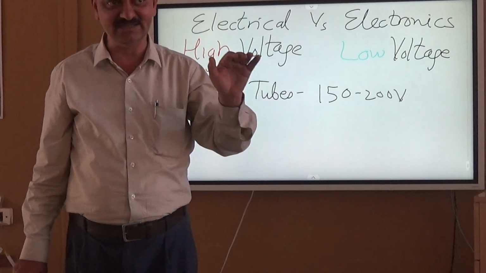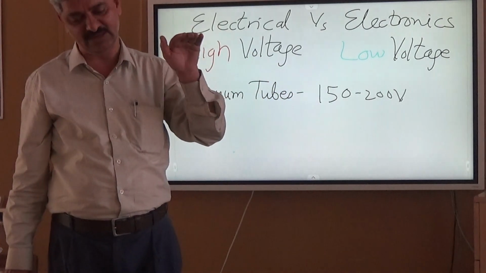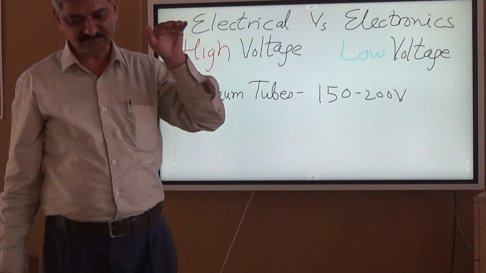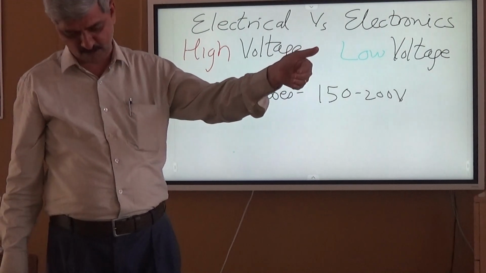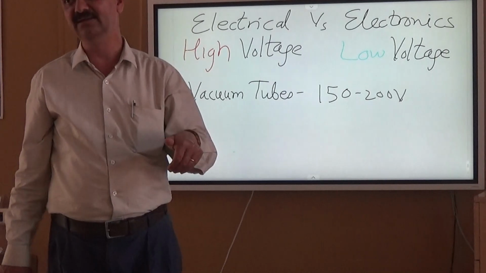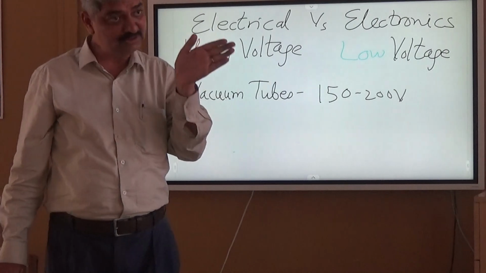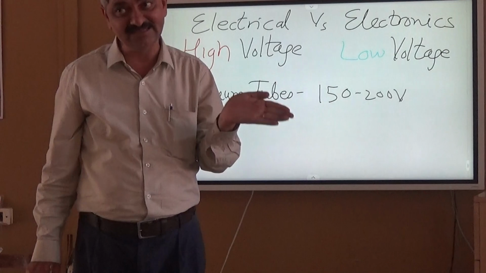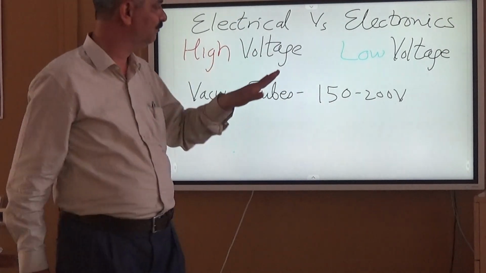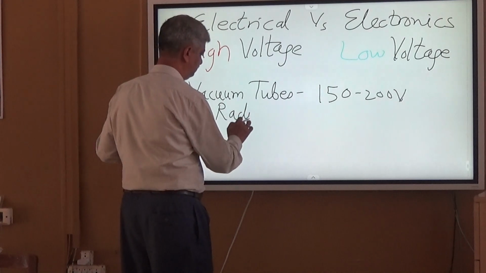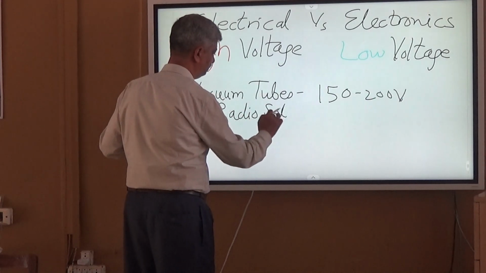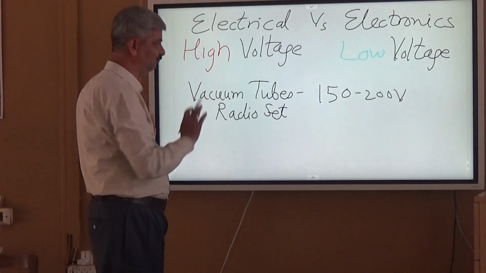Even though transistors were invented in 1948, to be popularized it took 20 years. So when transistors were not there, vacuum tubes were used in radio sets. That is one application.